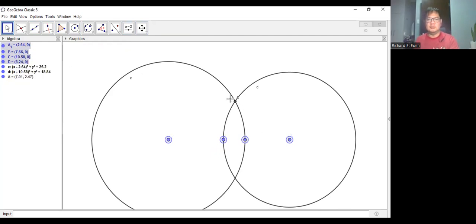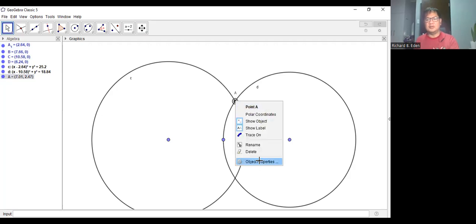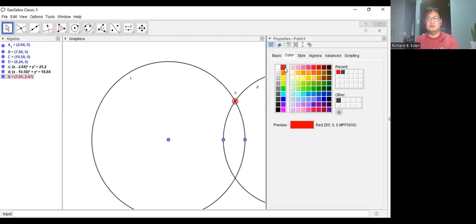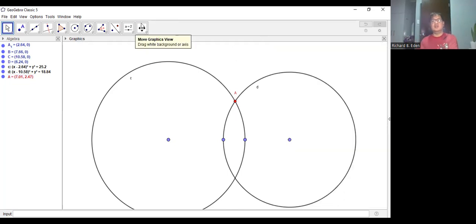So that's point A, and point D is below. Then we want to make point A the center of this black point. Let's make it a little more prominent, let's say red. So we're going to make that the center of the half turn.